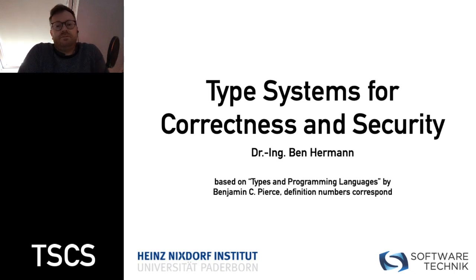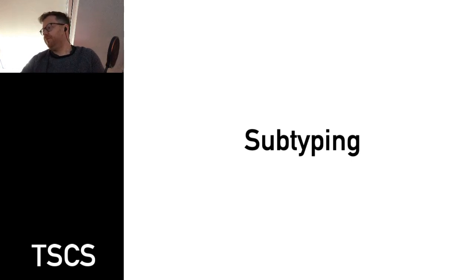So, welcome back. It was a very quick exercise session today. Nevertheless, we have some more time for the main topic of today, which is subtyping. Subtyping is something that you are very well aware of if you have already programmed in a programming language like Scala or Java, which you all have.